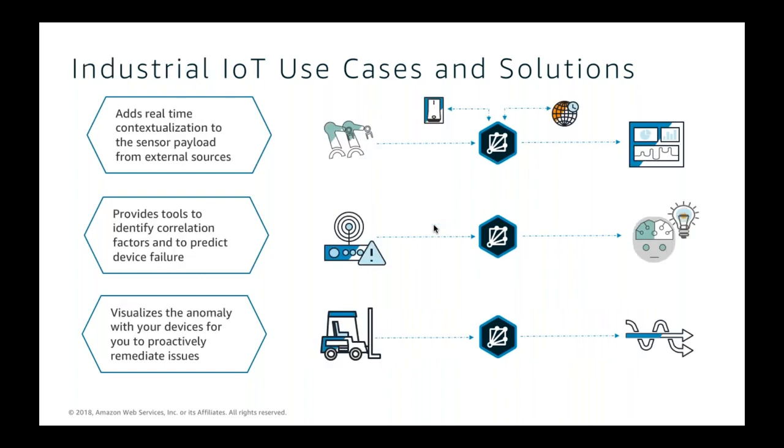In the industrial IoT use cases, again, with the integration with SageMaker and machine learning algorithms, you can bring some real-time contextualization of how these devices are behaving in real time, as well as do predictive maintenance or predictive analytics.